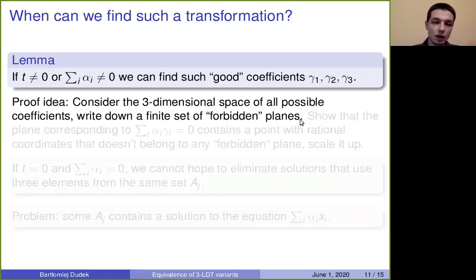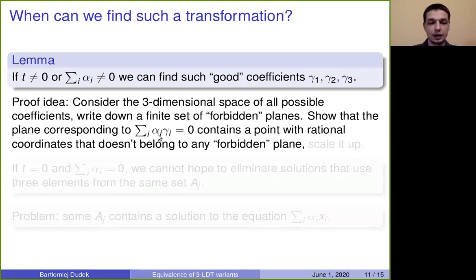And then we show that the plane I mentioned on the previous slide, so sum of alpha i times gamma i equals 0, contains at least one point with rational coordinates that doesn't belong to any of the forbidden planes. And then we scale this point up, and we obtain these good coefficients.